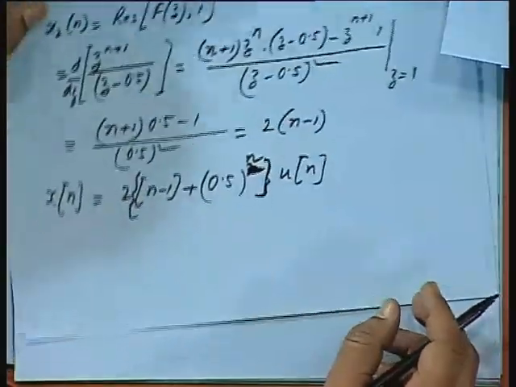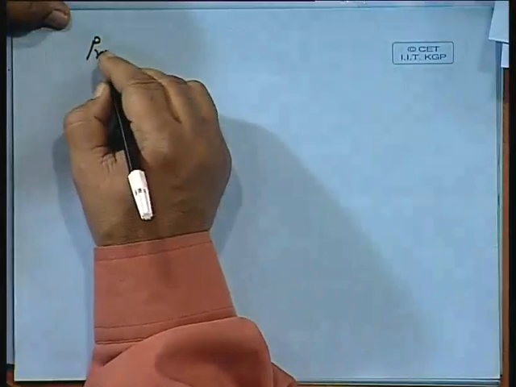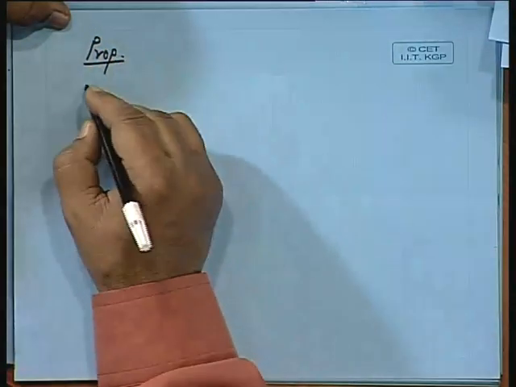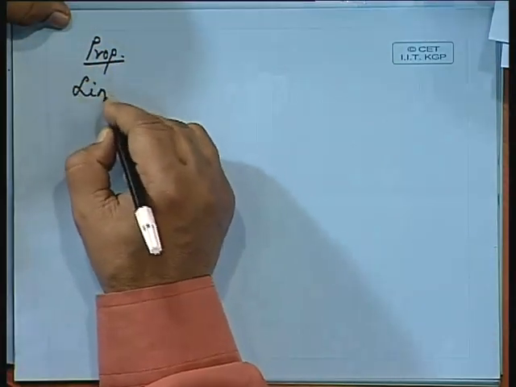Now, there are certain important properties of Z transform. Let me just list out some of them. We will take up one or two for proof. One is the very helpful linearity.